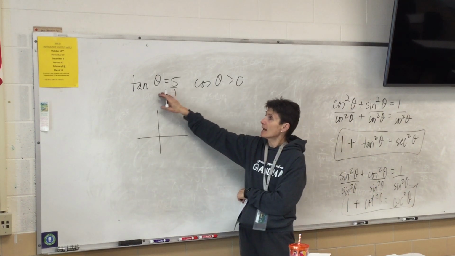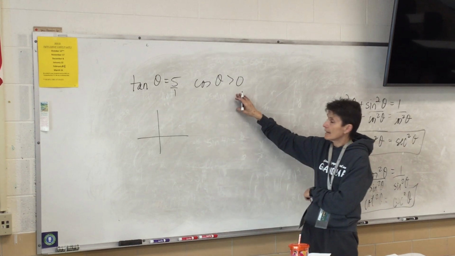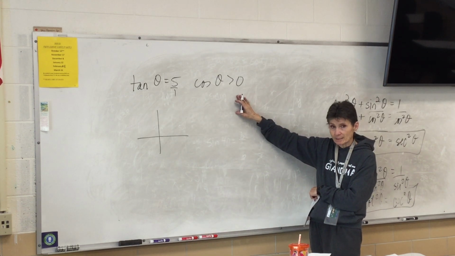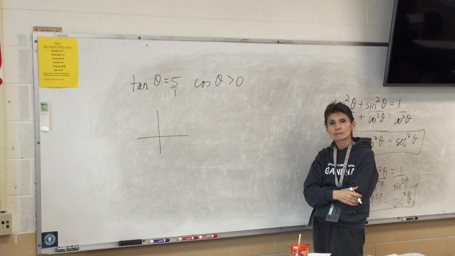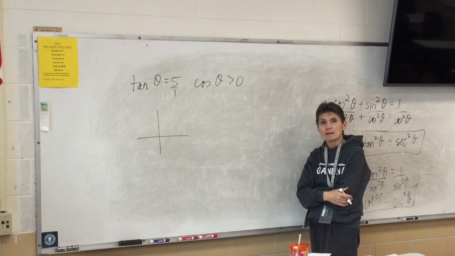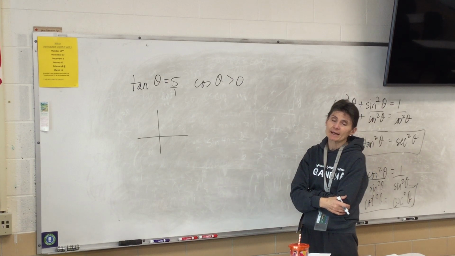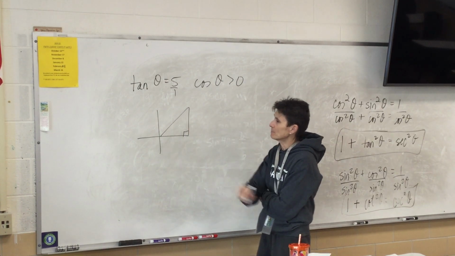If sine over cosine is positive, and cosine is positive, then doesn't sine have to be positive too? Also? So we need a quadrant that has a positive sine and a positive cosine. Well, that only happens one place. That happens in quadrant 1.